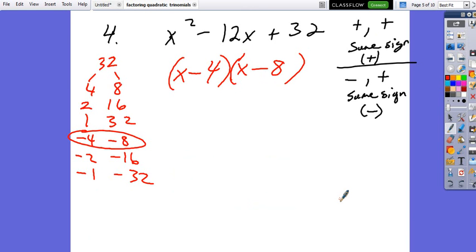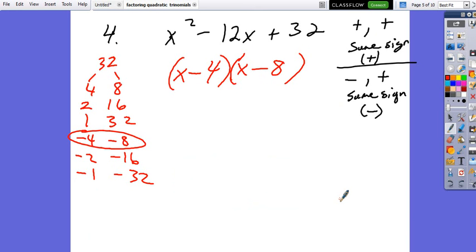So again, we're going to take the square root of x squared, that gives us x and x. Then we're looking for the factors of 32 that add up to 12. Except this time, since it's a negative 12, both of our signs have to be negative. So negative 4 and negative 8 times negative 8 is positive 32. And negative 4 plus negative 8 is negative 12.